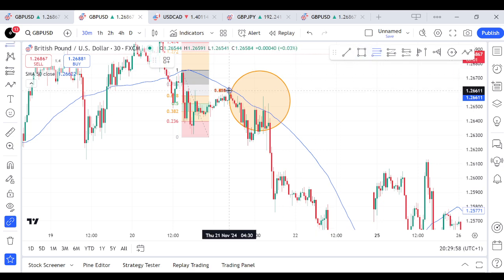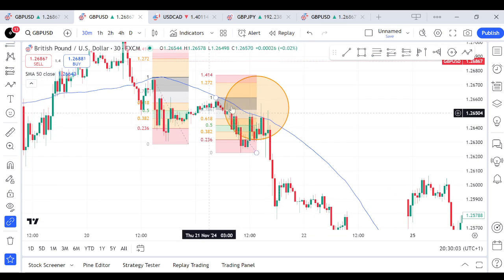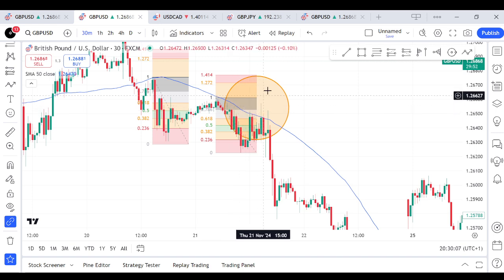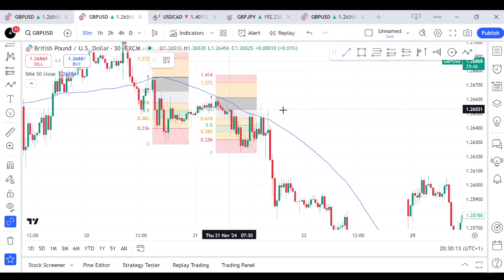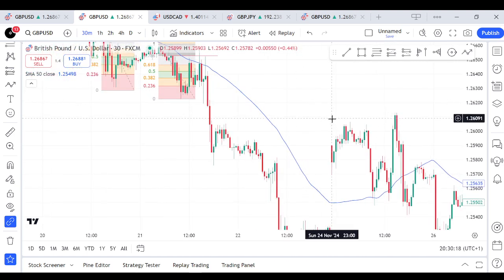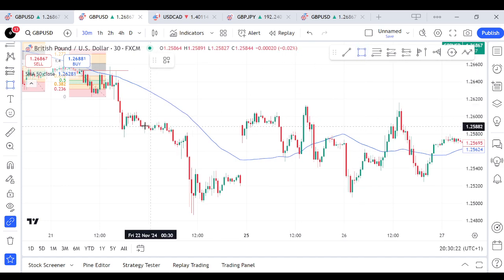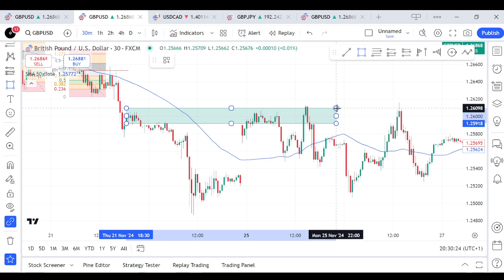You could use another Fibonacci from here, and you can see price reacting off the 78.6% Fibonacci ratio there. I'm just going to delete that, and you can see after that price giving us a push to the downside. And this was a major support resistance level right here.